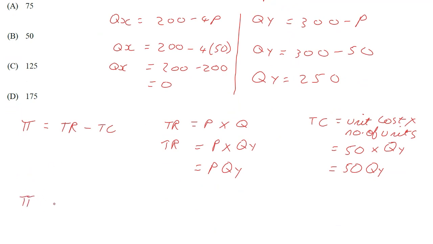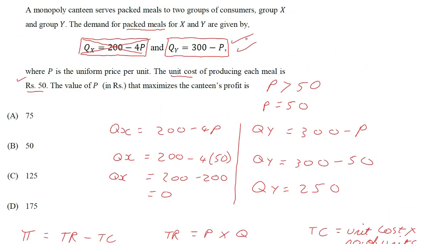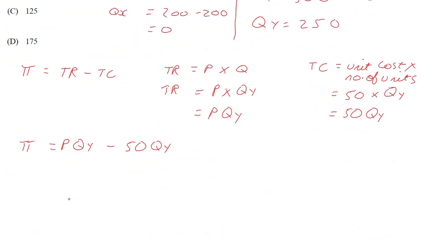And now we are in a position to solve for profit. Profit is equal to p Qy minus 50 Qy. But now I know the value of Qy, which is 300 minus p, which I'm going to substitute. So it's going to be p open bracket 300 minus p, minus 50 open bracket 300 minus p.